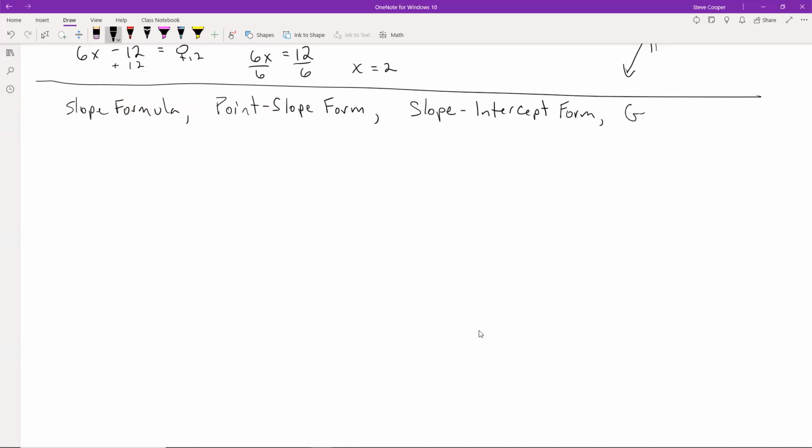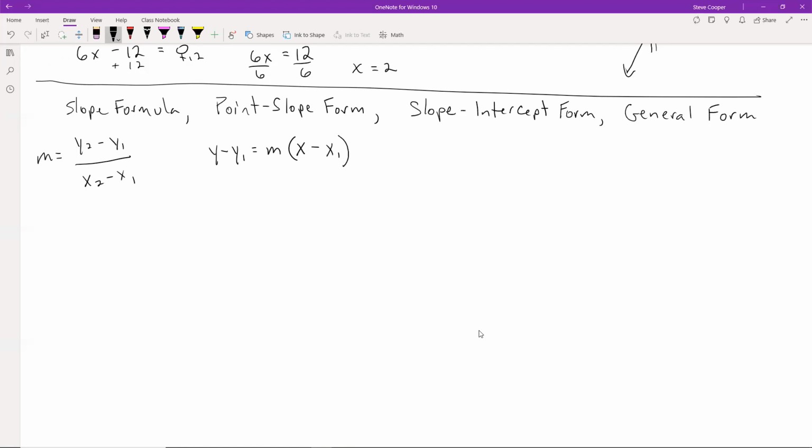And then the general form. Okay, remember slope formula is m equals y2 minus y1 over x2 minus x1. Point slope form we said is y minus y1 equals m times quantity x minus x1. So here you need 2 points, x1, y1, and x2, y2.